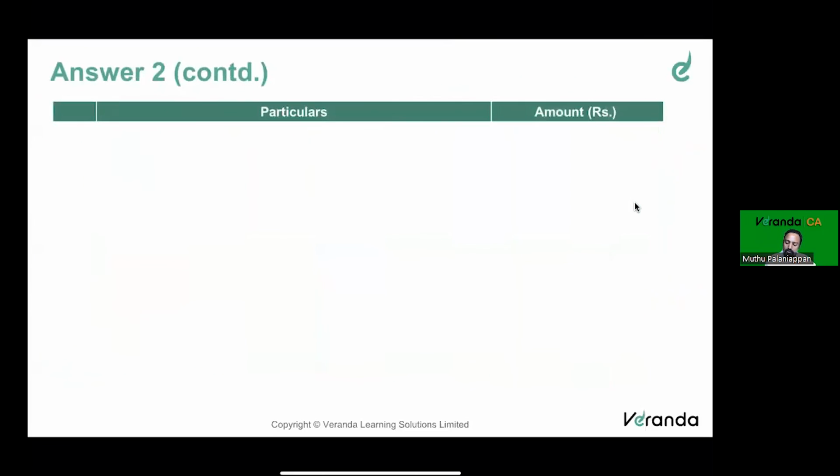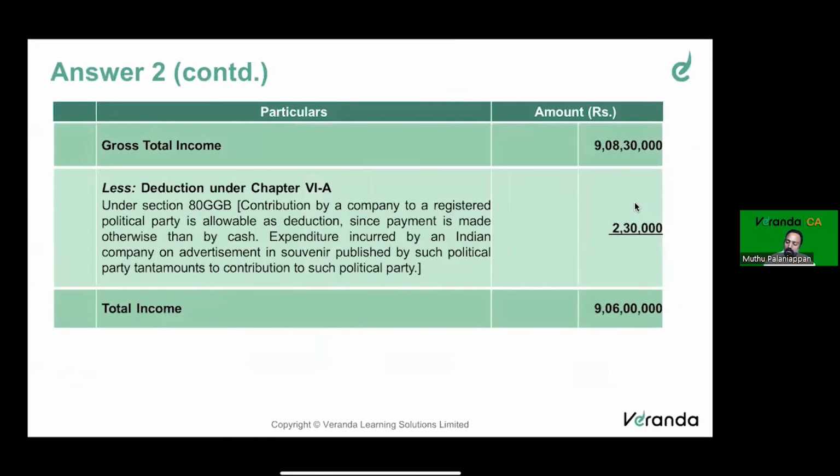Now we have the total income, and this we said is 80GGB. For the deduction under section 80GGB, we said whatever donations are made to a political party is an allowed expenditure. The only thing is it cannot be in cash. It has to be payment by any mode otherwise than by cash. Only then it is an allowed deduction.